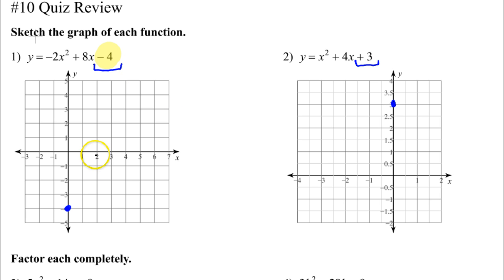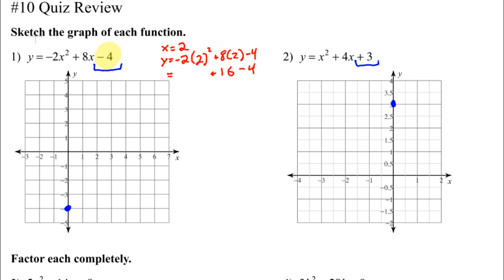So if I plug in, let's say, x equals 2, y is going to be negative 2 squared, plus 8 times 2 minus 4. Remember we had to do a bunch of these in order to graph?